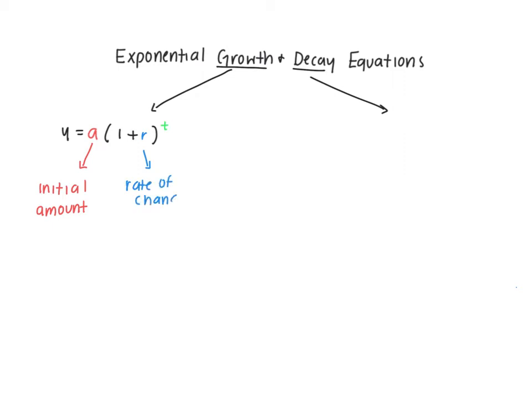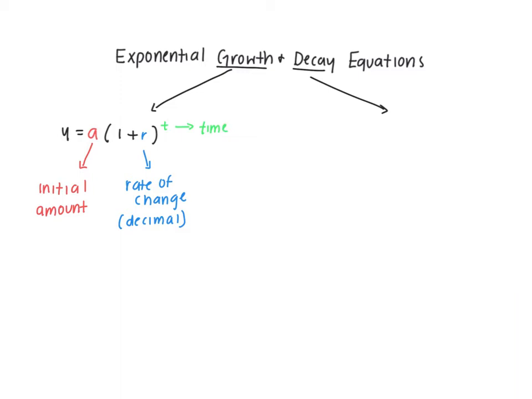And it's important that your rate of change in this formula is expressed as a decimal. Oftentimes, if you have a word problem, it'll be given to you in percent form, but you will need to convert it to a decimal to use this equation. Lastly, we have t, which represents time, so the amount of time over which your scenario is occurring.